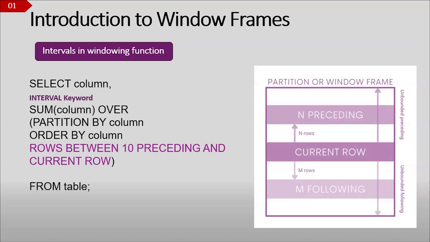Rows between uses the column that is used in the order by. So rows between 10 preceding means 10 before and the current row. What if you want all the rows preceding? Instead of 10 you write unbounded. Unbounded preceding means all the rows before, unbounded following means all the rows after.